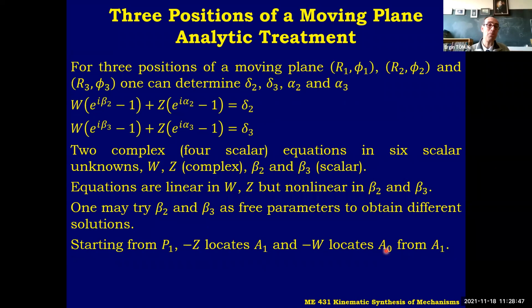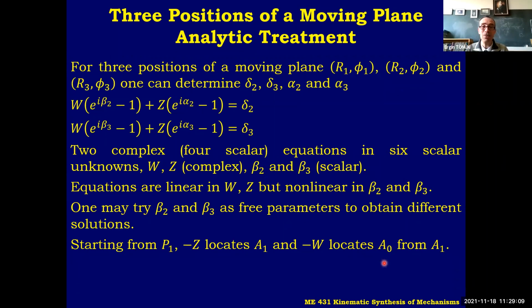So, for example, you can set a crank rotation of 30 degrees and a crank rotation of 45 degrees from position 1 to 2 and 1 to 3, and find these. If you don't like it, change it and obtain the mechanism.